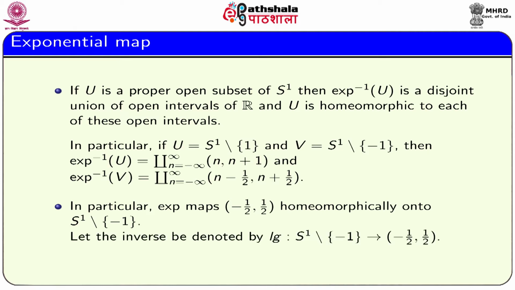Since it is a homeomorphism, its inverse exists on this interval, and so we denote the inverse by LG, which goes from S1 minus minus 1 to the open interval (minus half, plus half). And of course, if we put 1 in this inverse, then that will give me back the value 0.